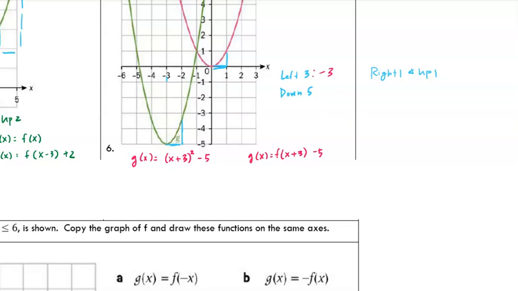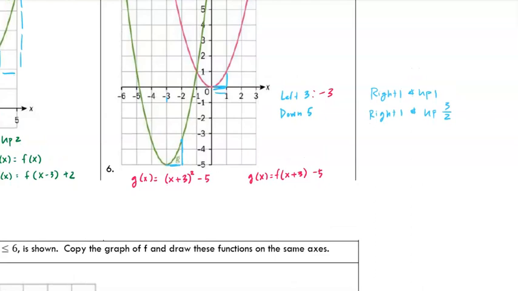Doesn't it look like 2.5 right smack dab in the middle? So right 1, and up. Oh, I'm sorry, 1.5. Okay, 1.5, or that's 3 halves.